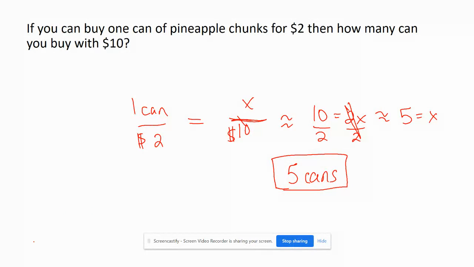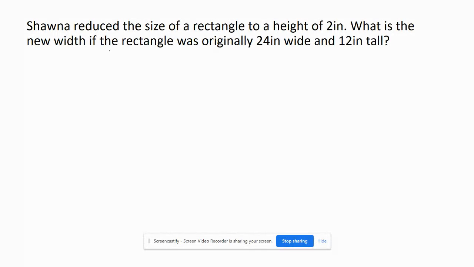Let's do another example to make it a little more clear. Okay, so Shauna reduced the size of a rectangle to a height of 2 inches. What is the new width of the rectangle? So what is the reduced width, basically, if the original was 24 by 12? So I would like to put the original on the left. That's just me.